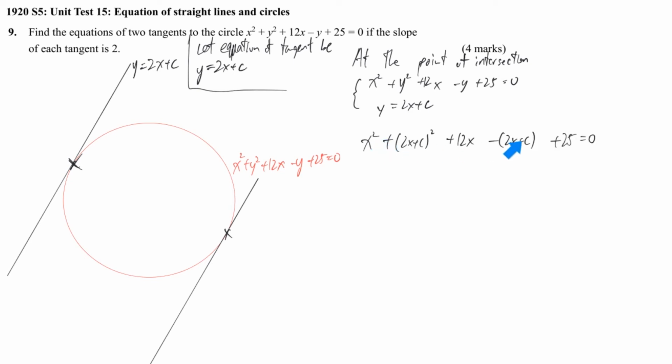Then we expand it carefully. 4x squared plus 4cx plus c squared, and then plus 12x minus 4x minus 2c, and plus 25. Try to write like terms in the same column so we can find the like terms easily and then combine them. 4c and then plus 8 times x, and then the constant is a little bit long.